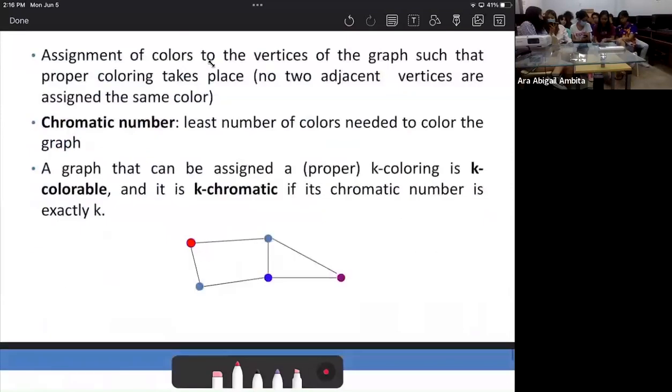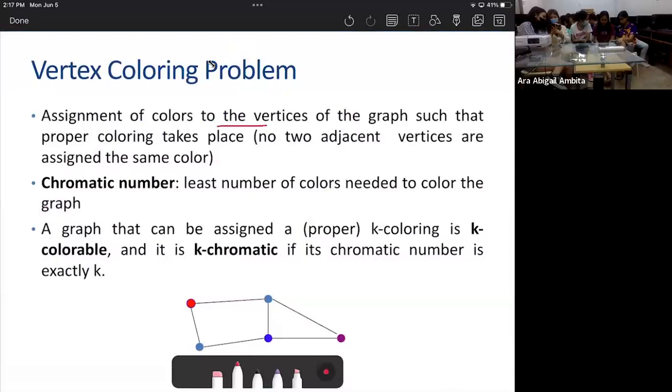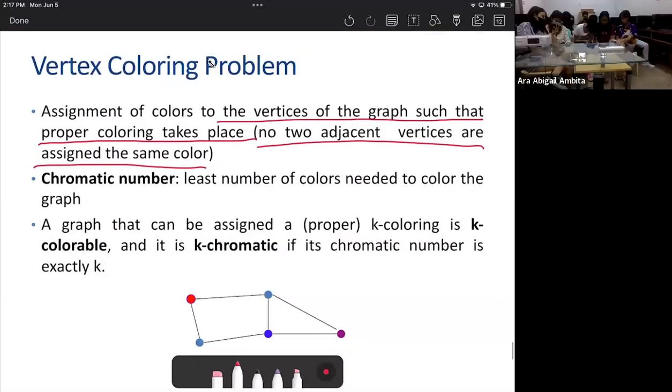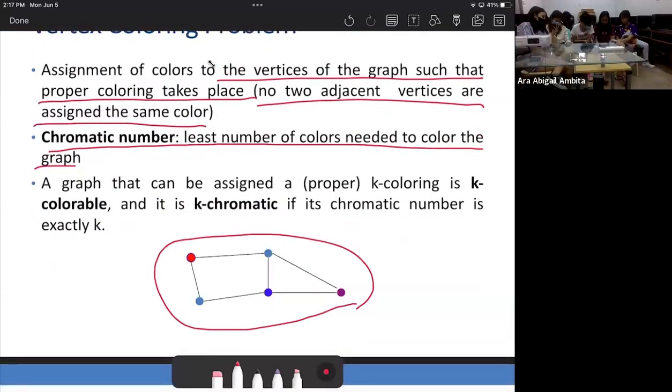So graph coloring is the assignment of colors to the vertices of the graph such that proper coloring takes place, such that adjacent vertices do not have the same color.